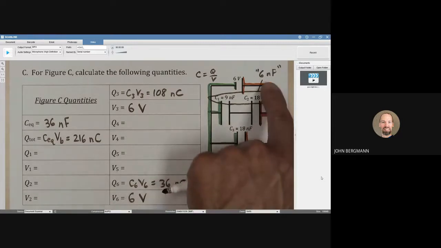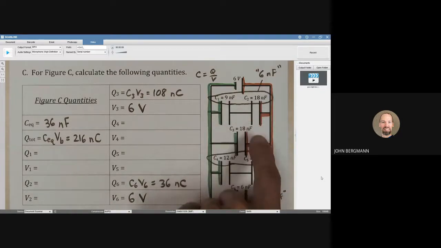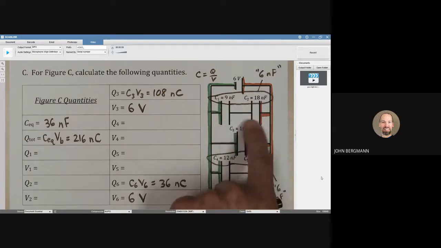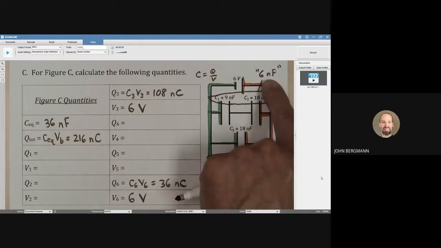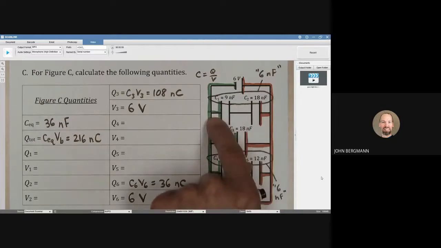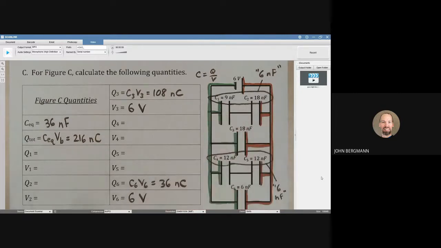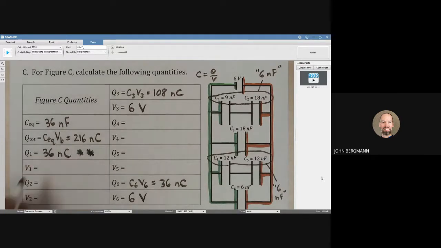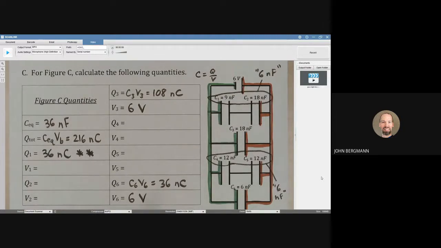So this imaginary capacitor has a voltage of 6, which means the charge that's on it is this imaginary capacitance, which is 6, times the voltage across it, which is 6, which means that the charge on capacitor 1 is 6 times 6. Put a little double asterisk by that one. We had to do a little thinking there. And capacitors in series have the same charge. So that means capacitor 2 is also going to be 36 nanocoulombs.